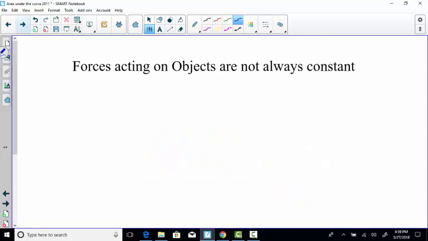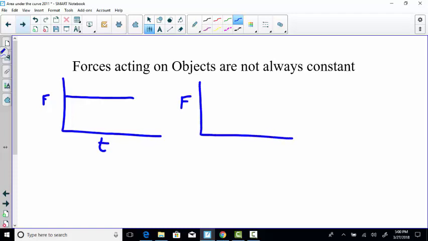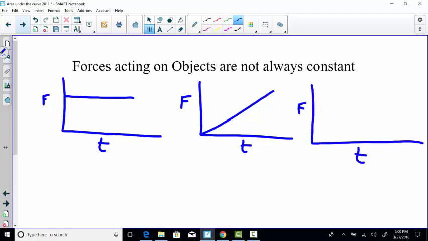Now, in looking at this, one of the things I said is forces are not always constant. So we're not always going to have a force versus time graph that is a nice straight line. We might have a force versus time graph that looks like that. We might have one that looks like this.